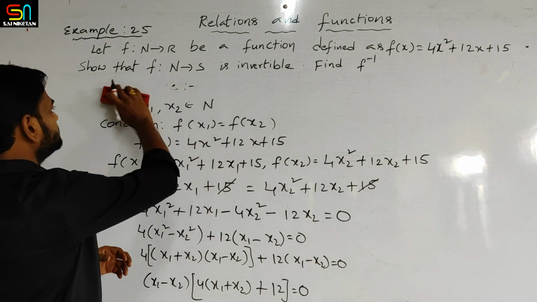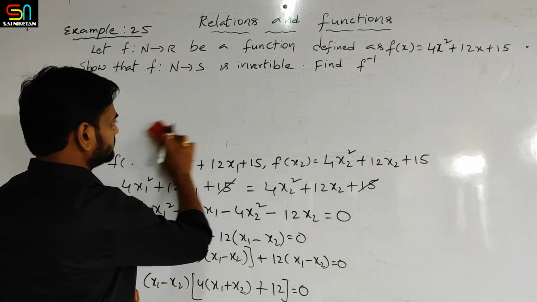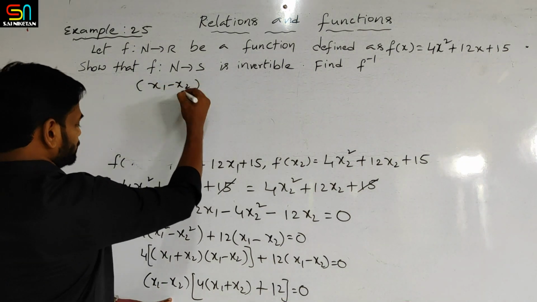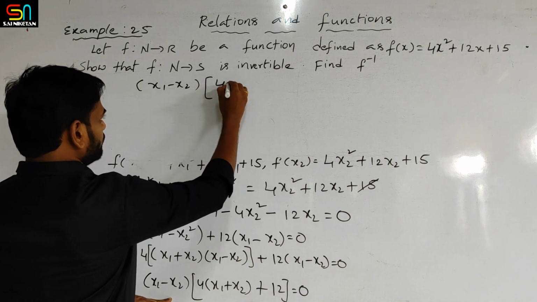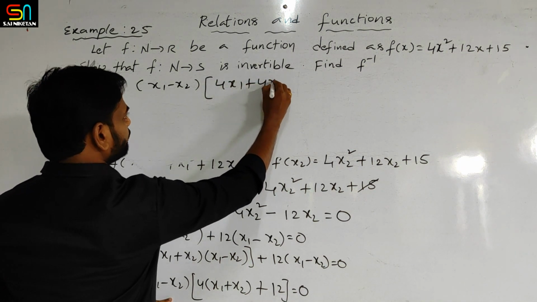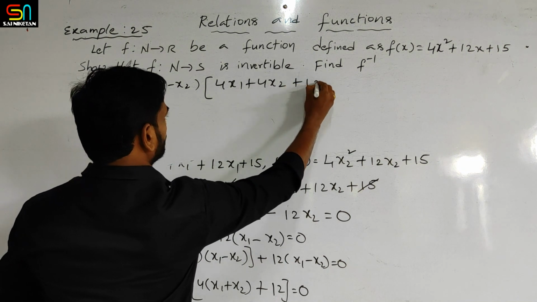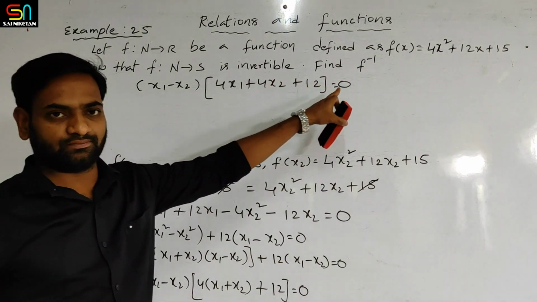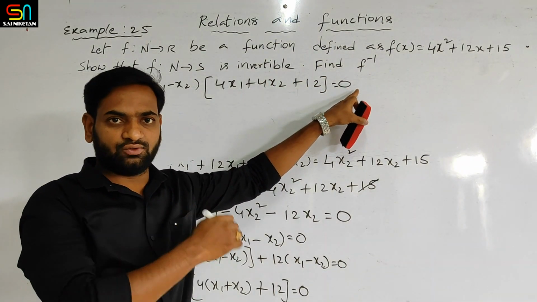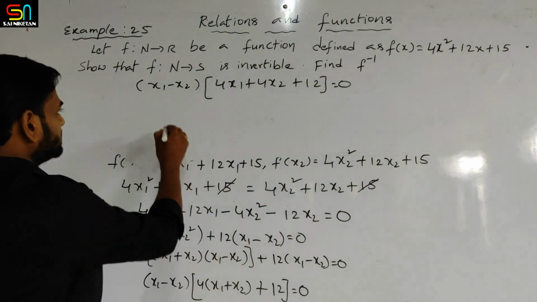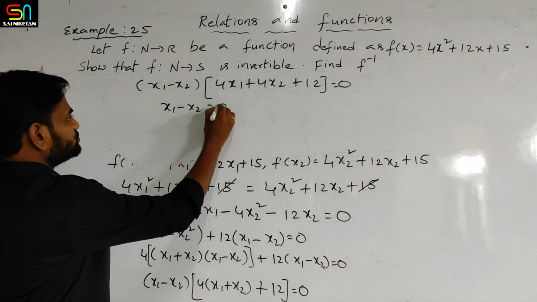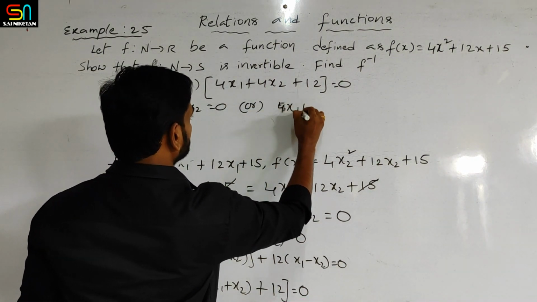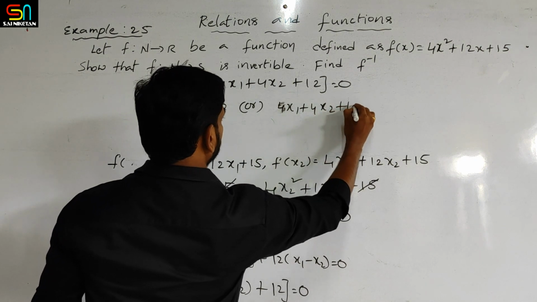Now here it is x1 minus x2 into 4x1 plus 4x2 plus 12 is equal to 0. This is in the form of a into b equal to 0. Then it will be either a equal to 0 or b equal to 0. That means x1 minus x2 is equal to 0 or 4x1 plus 4x2 plus 12 equal to 0.